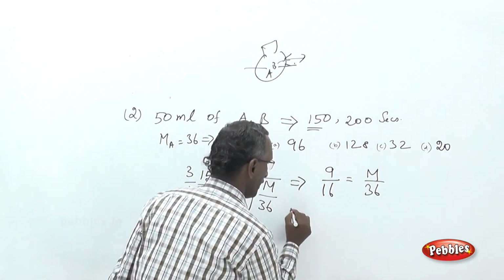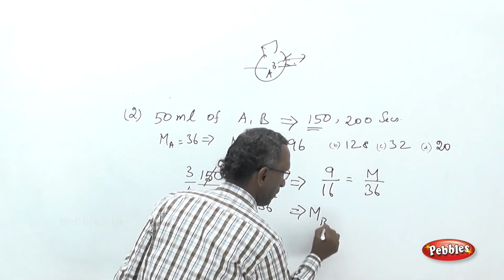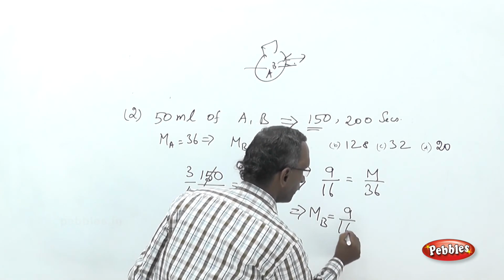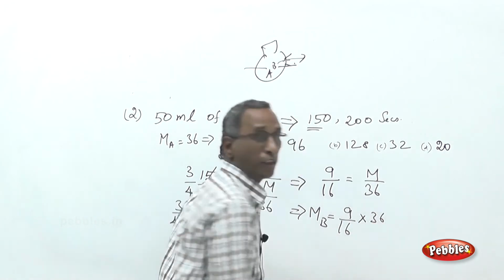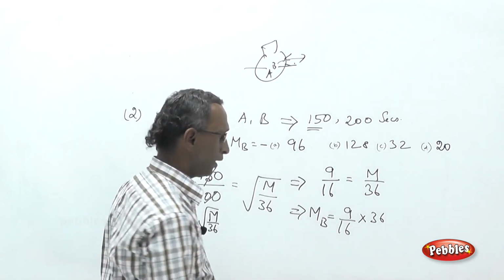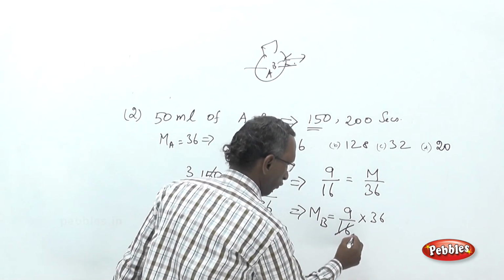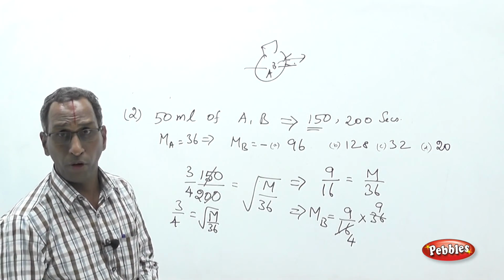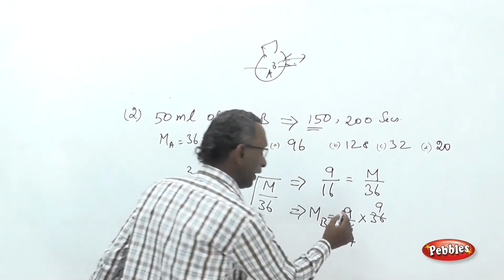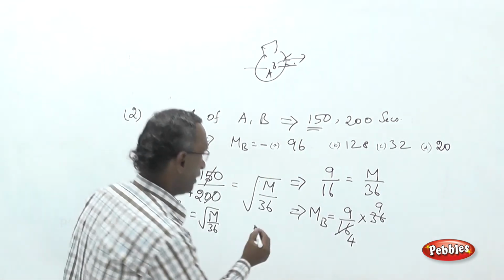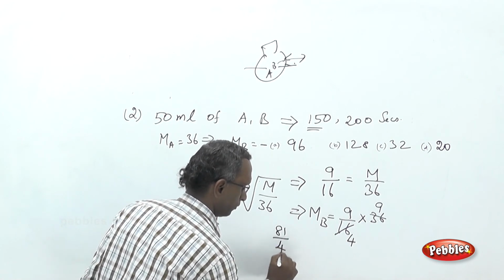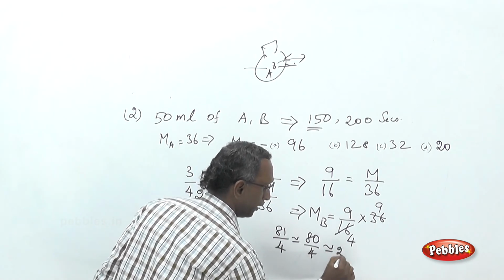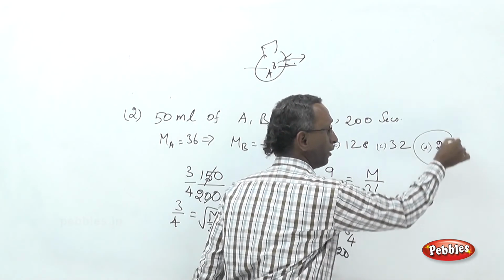On simplification, M, that is MB, equals 9 by 16 into 36. 4 fours are 16, 9 fours are 36, so 9 into 9 is 81, by 4. Roughly 80 by 4 is 20, and the nearest value given is 20.